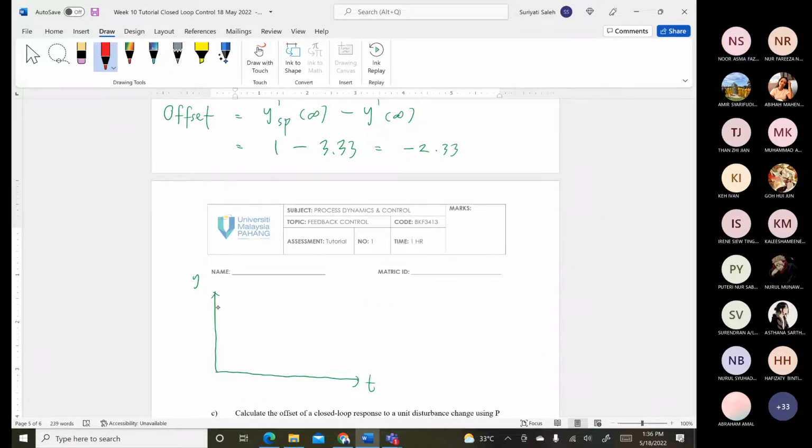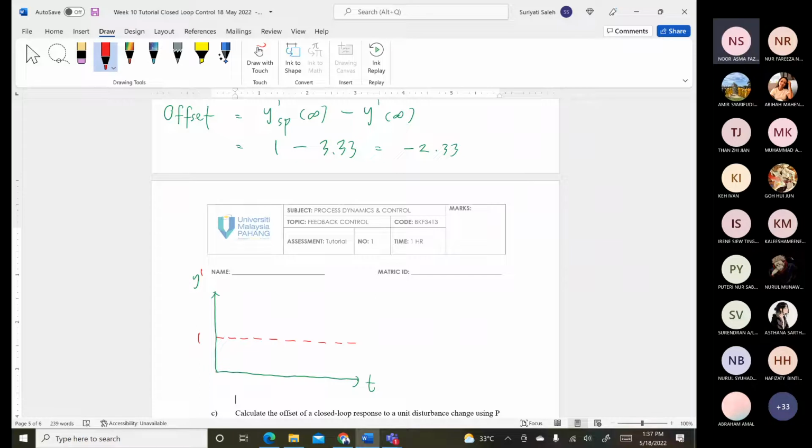So let's say this one is your set point, y prime equal to 1, the value that we want to maintain.